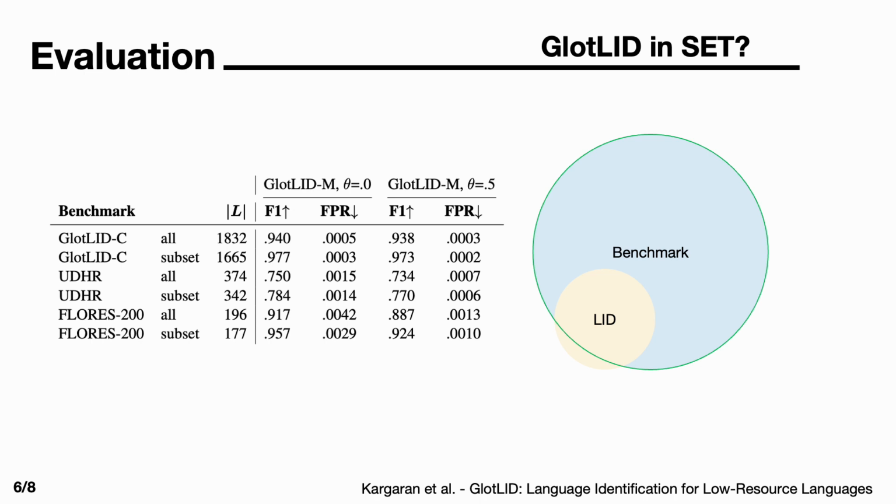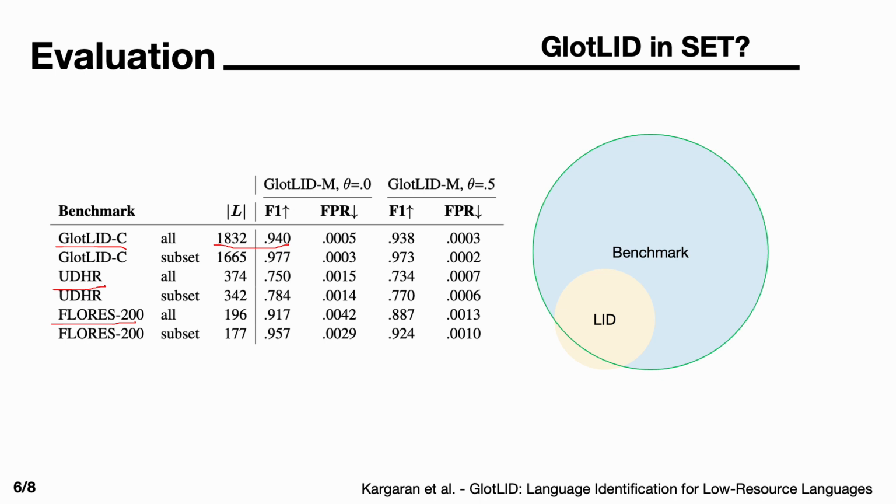Here you can see the result of applying GlotLID on three benchmarks: GlotLID-C, our test part, UDHR, and Flores 200. And here, as you can see, for all of the languages that are supported by GlotLID, we get a relatively good F1.